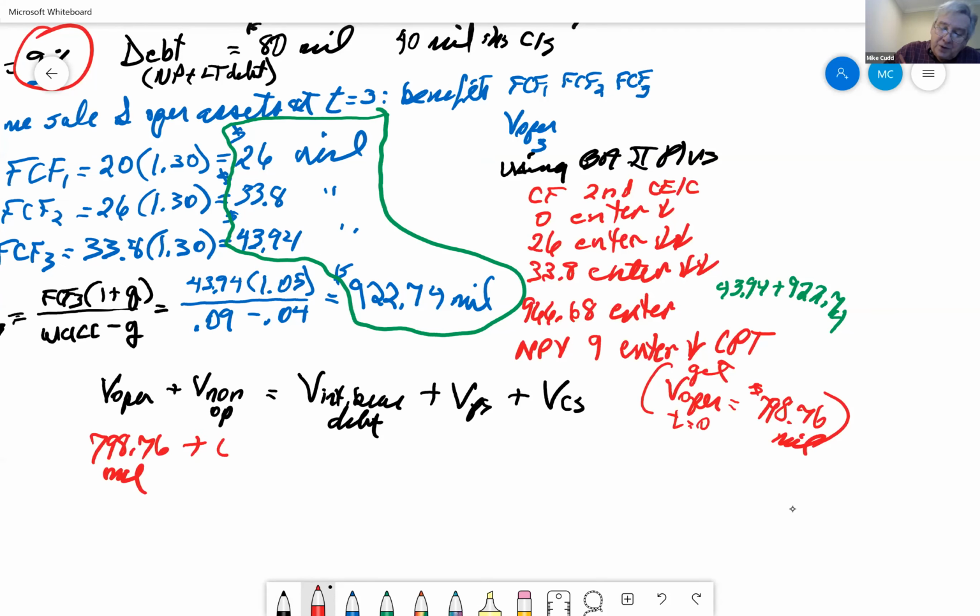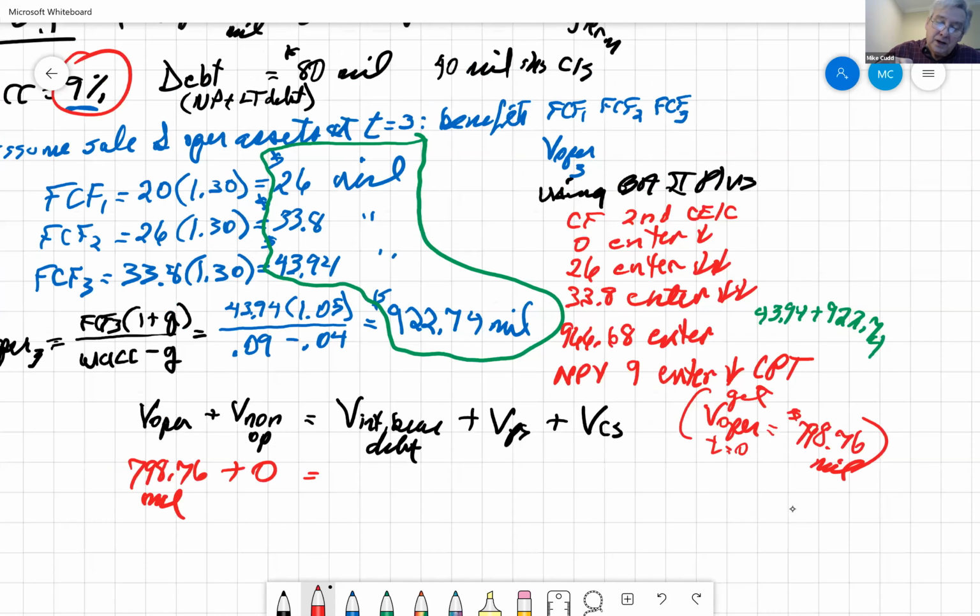We're told the company has no marketable securities, so non-operating assets are 0. The interest-bearing debt is given as 80 mil.